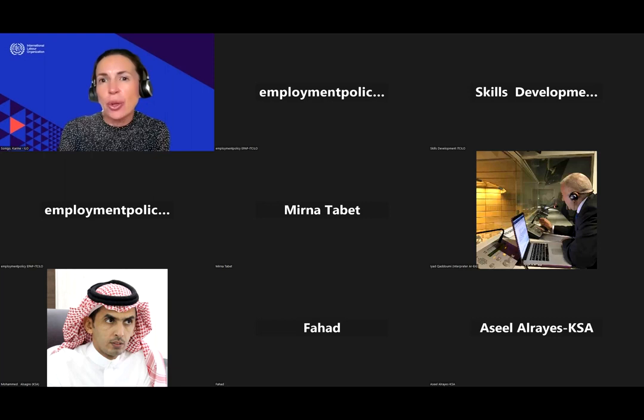The international community has made really strong commitments, including the G20 directive for member states to, and I quote, promote digital literacy and digital skills in all forms of education and lifelong learning.